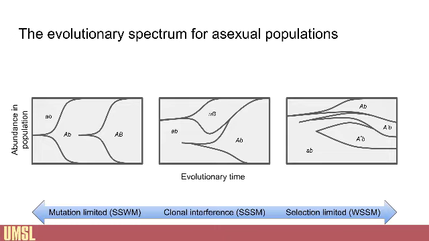Now, this intermediate realm, the strong selection, strong mutation, is that highly beneficial mutations are showing up very rapidly, and there's also strong selection at play. So as soon as these things show up, they're on their way to sweeping to fixation.